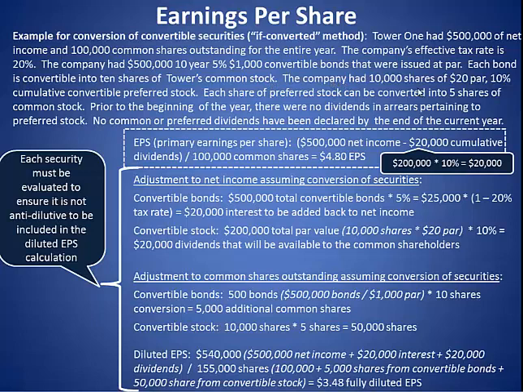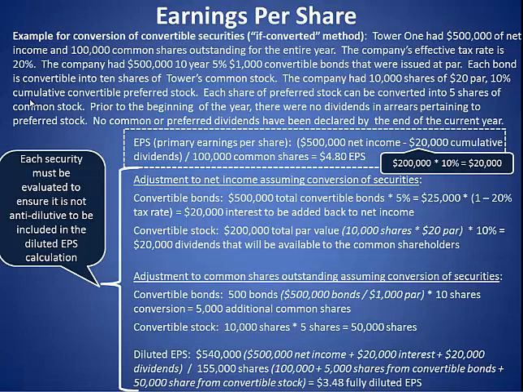The company had 10,000 shares of $20 par, what we call 10% cumulative convertible preferred stock. Now, what we mean is that when we say 10%, that's the amount of the dividend that would be paid based upon 10% of the par value on a yearly basis.